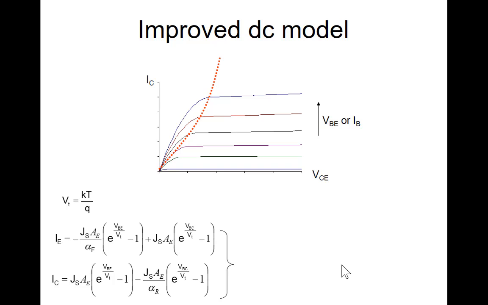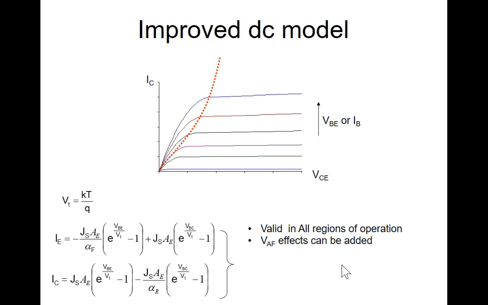This is worse because there are two exponentials here. So we can put something like this in the computer and use it as a computer model, but analytically, this is not very tractable. But this is valid in all regions of operation.